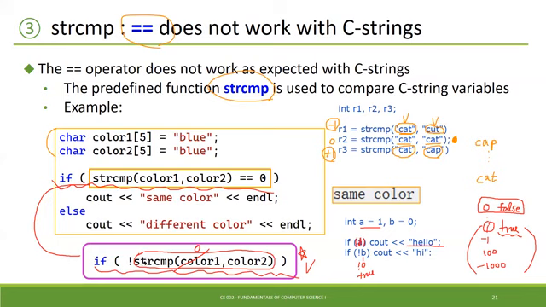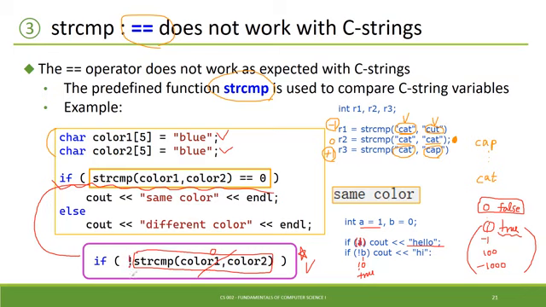So look at this one. In this case, if I have color 1 blue, color 2 blue, then they are the same. So this part will be 0, right? If two strings are the same, then 0 will be returned. So this string compare function will be replaced with 0, and not 0.